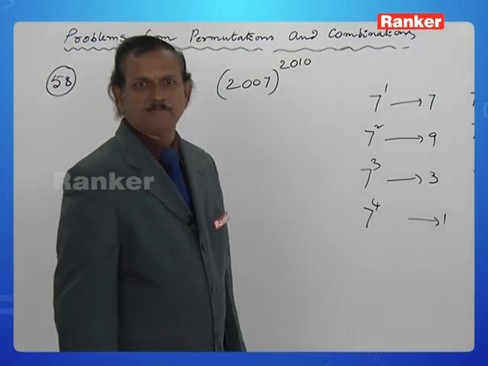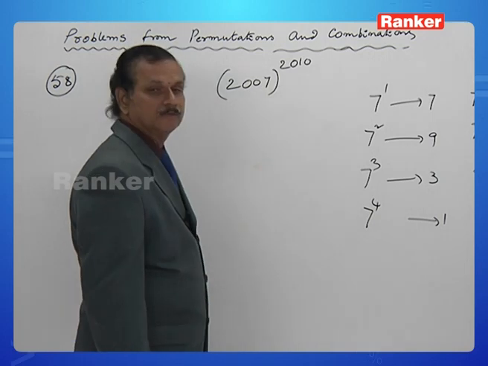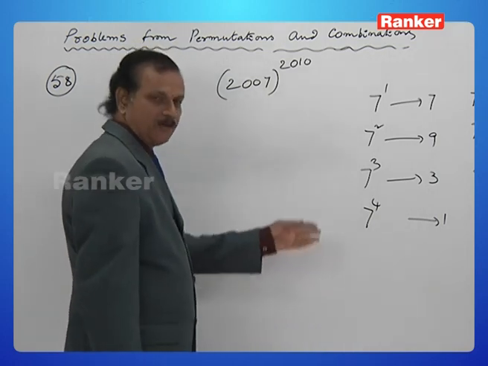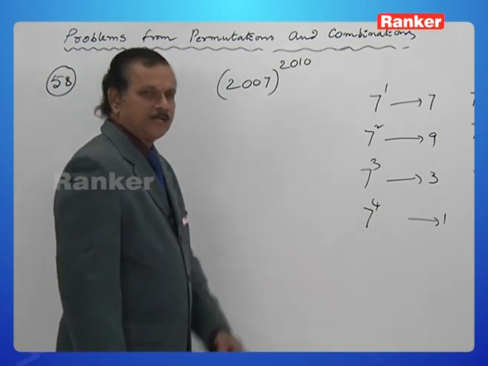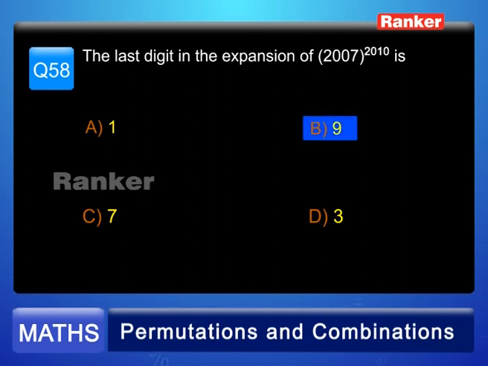And it can be applied to the digit in the units place, that is 7. It's enough. A similar type of discussion can be made here also. That is why the answer 9 is correct. That is option B. The second option is the right option.